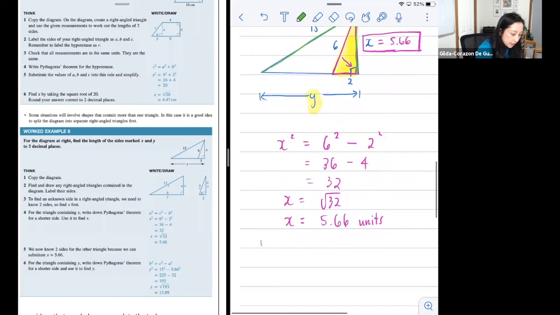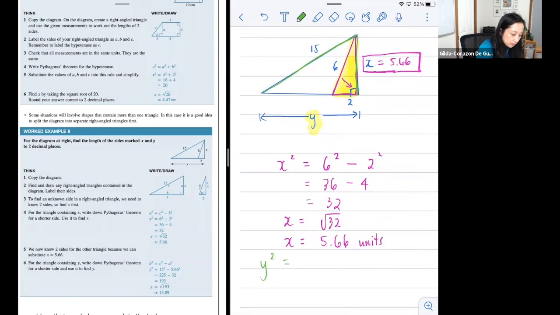And therefore we say y squared equals, this time our hypotenuse would be 15. 15 squared minus 5.66 squared, or you can use your answer squared, or even you can use square root of 32 squared.